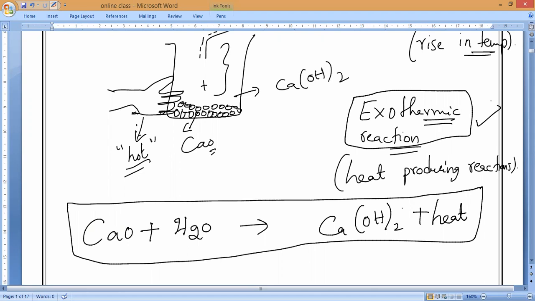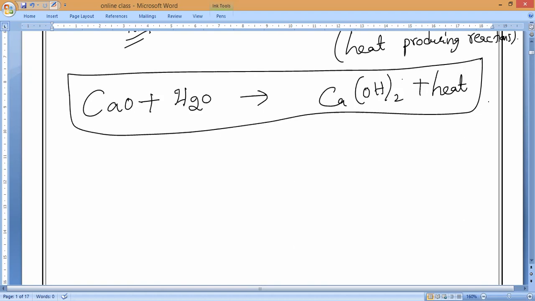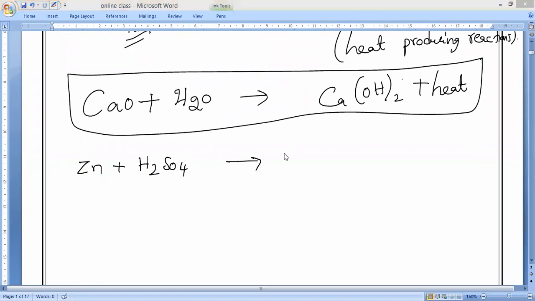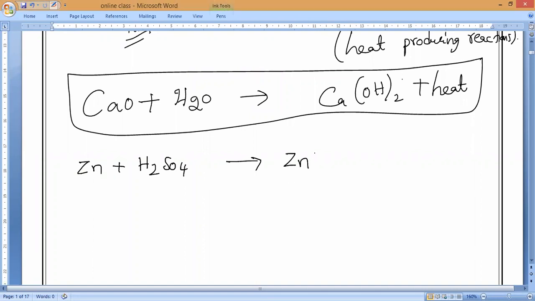Now let me take one more example. The chemical reaction, which we already studied, of zinc granules reacting with H2SO4. What are the products? Yesterday we studied the first example, evolution of gas. This is the same. The products are zinc sulfate plus hydrogen gas.